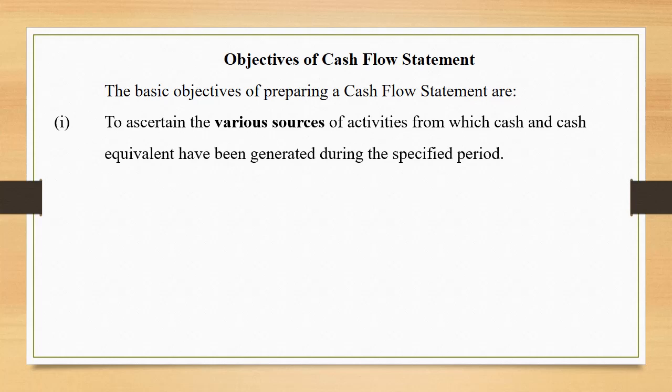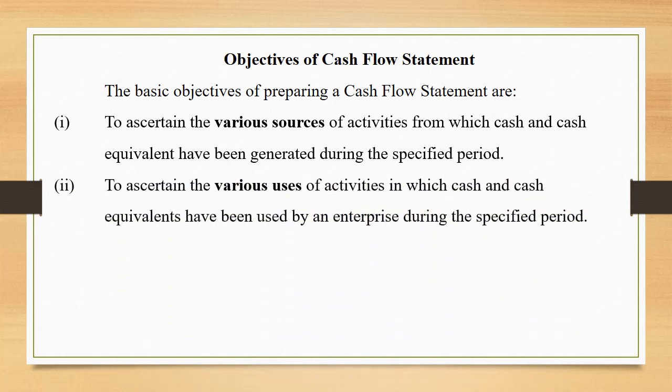So to ascertain the various sources of activities from which cash and cash equivalent have been generated. Second, to ascertain the various uses of activities in which cash and cash equivalents have been used by the enterprise during the specified period. Various uses. One needs to know the funds that we have generated, how are they used.